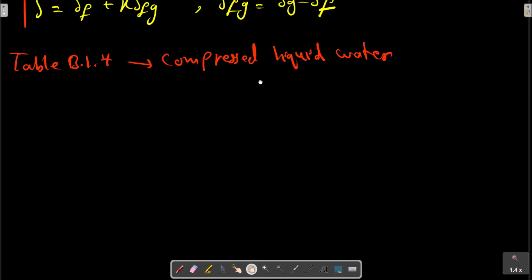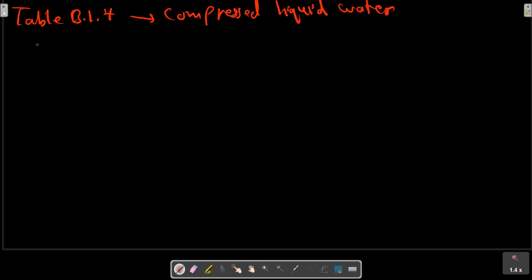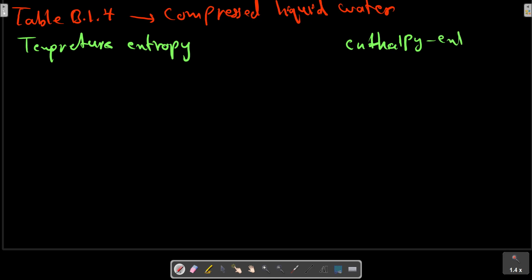So we have various diagrams: temperature-entropy, and also enthalpy-entropy, which is also called the Mollier diagram after Richard Mollier of Germany.